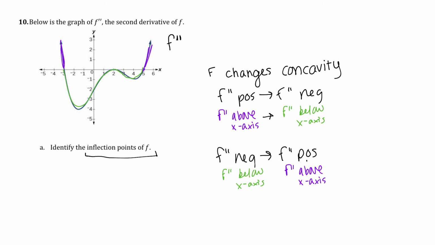So there are 2 places where we go from above to below, or below to above. So this would be at x equals -3 and x equals 5.